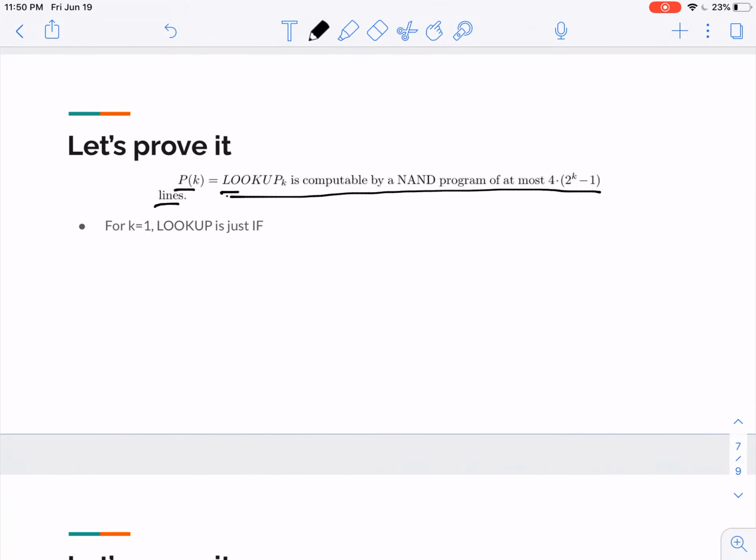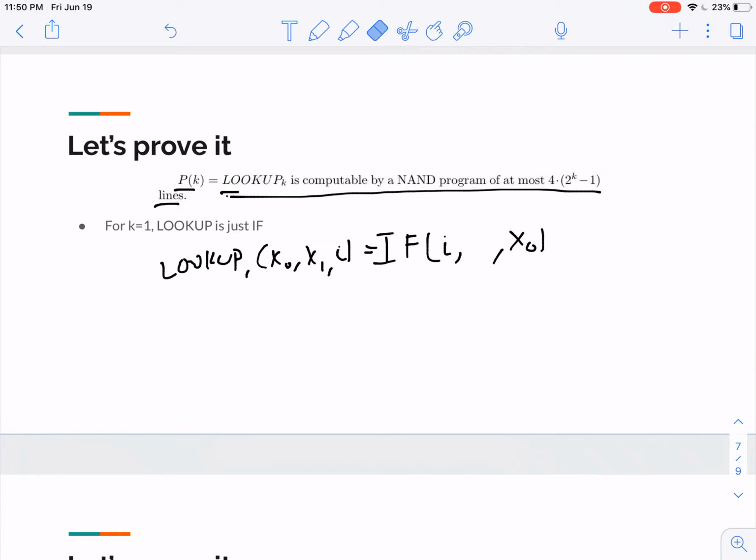Great, so for k equals 1, lookup is actually just an if statement. We can see, if we have some lookup 1, and we're supposed to evaluate on some x0, x1, and some index I, well, then this is just equivalent to the if function from the reading, with I being the condition, and x1 and then x0. Let's put this as a subscript.